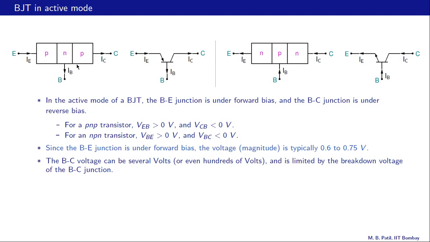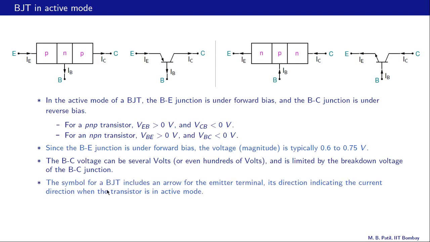The base collector junction is under reverse bias, and that reverse bias essentially can be a few volts or can be much larger depending on how the transistor is fabricated, and it is basically limited by the breakdown voltage of the base collector junction. So once again, base emitter forward bias, base collector reverse bias in the active mode. Same for NPN, base emitter forward bias, base collector reverse bias.